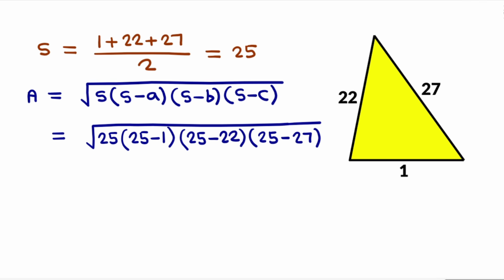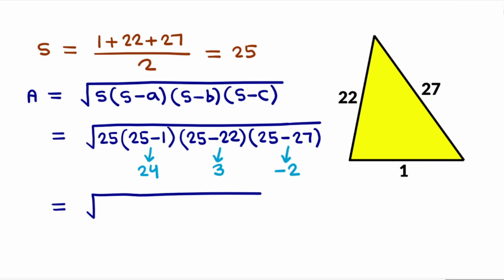Now simplify each bracket. 25 minus 1 is 24, 25 minus 22 is 3, and 25 minus 27 is negative 2. So the area becomes the square root of 25 times 24 times 3 times negative 2.